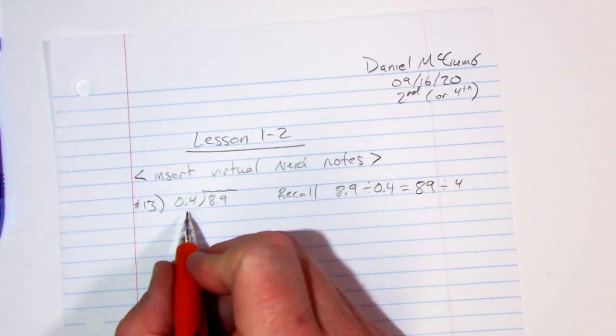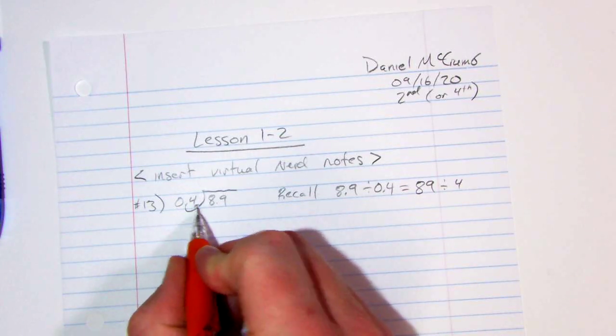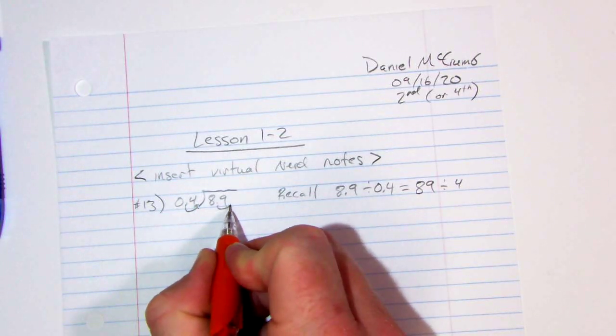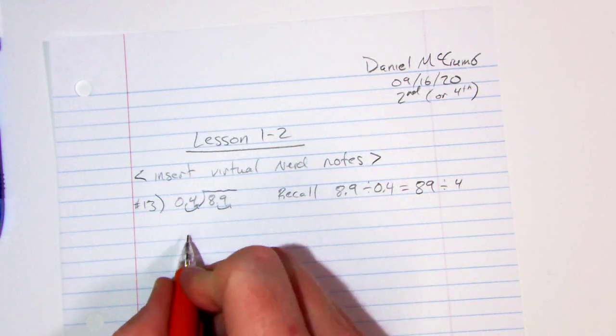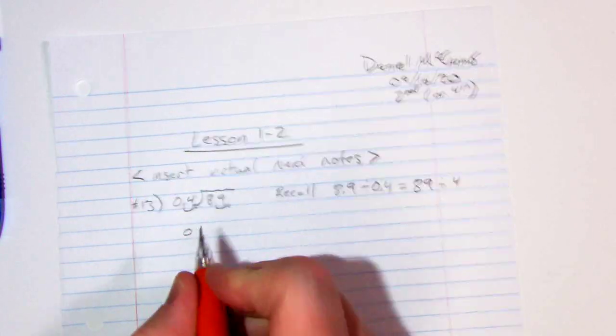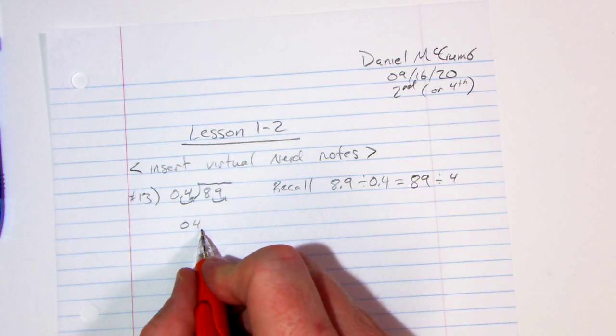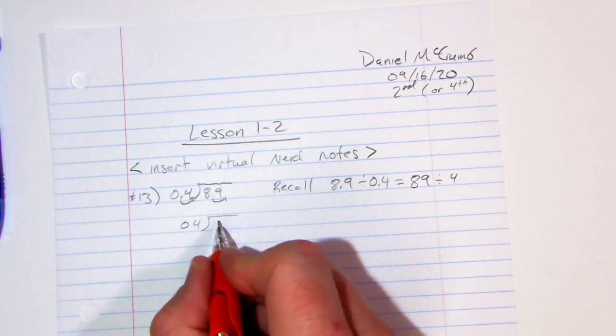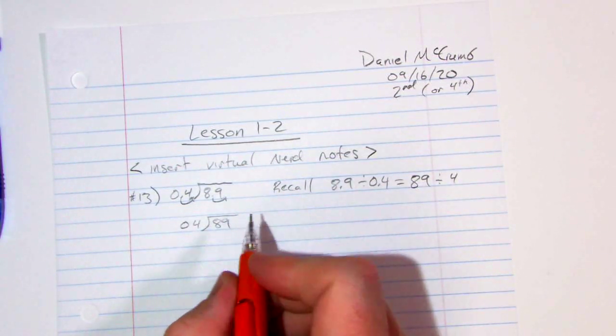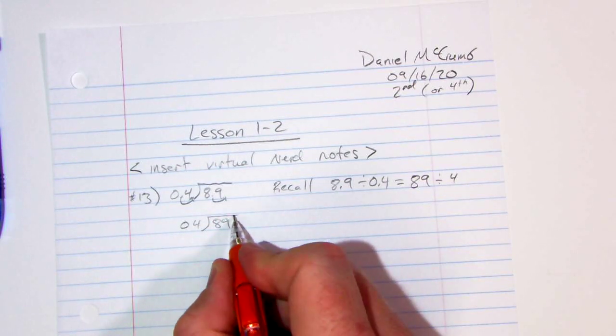Right? So what we do is we move these over. So I'm going to rewrite this just to give myself a little more space here. And so I have 4 right there and 89 underneath. And that is where my decimal is.